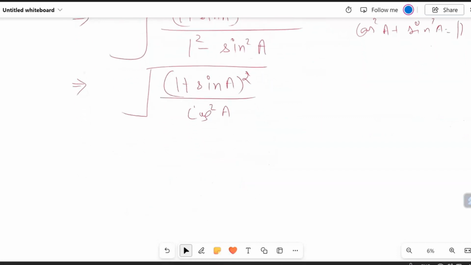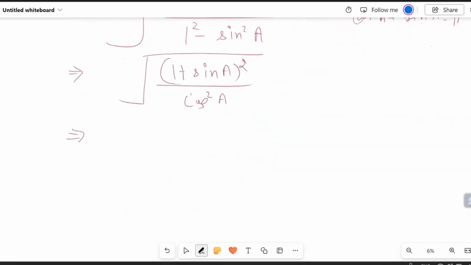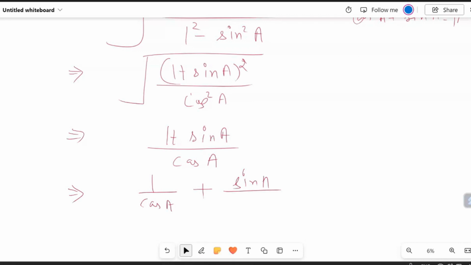So after writing like that, 1 plus sine A will come out, and cos A also comes out. Now separately divide it, so it will be like 1 upon cos A, in between plus sine A upon cos A. Why am I doing this? I am looking at the RHS, okay?